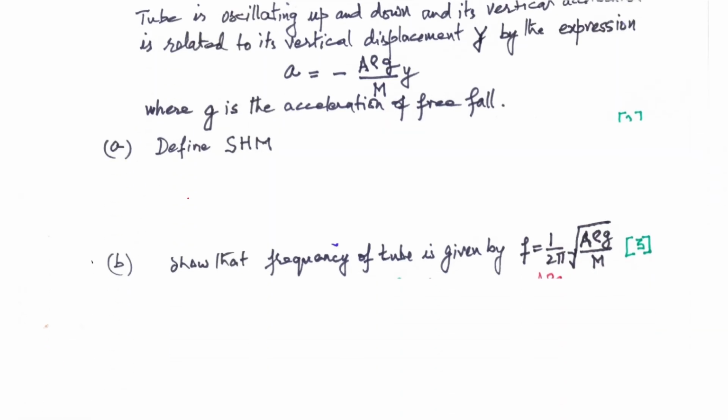Now the question part A asks you to define simple harmonic motion. I have already given you lectures on the chapter of simple harmonic motion. However, for your revision, I am writing the definition once again.